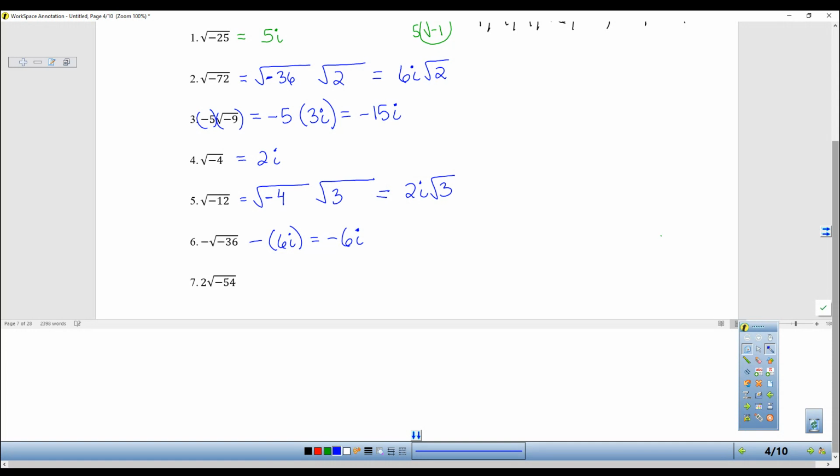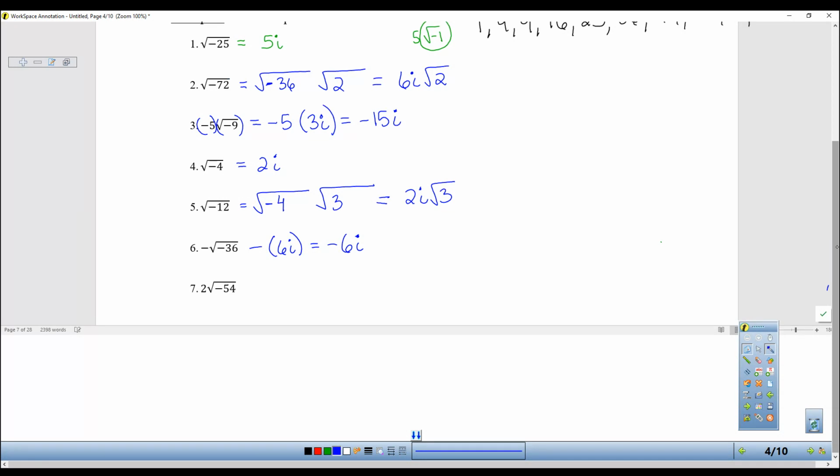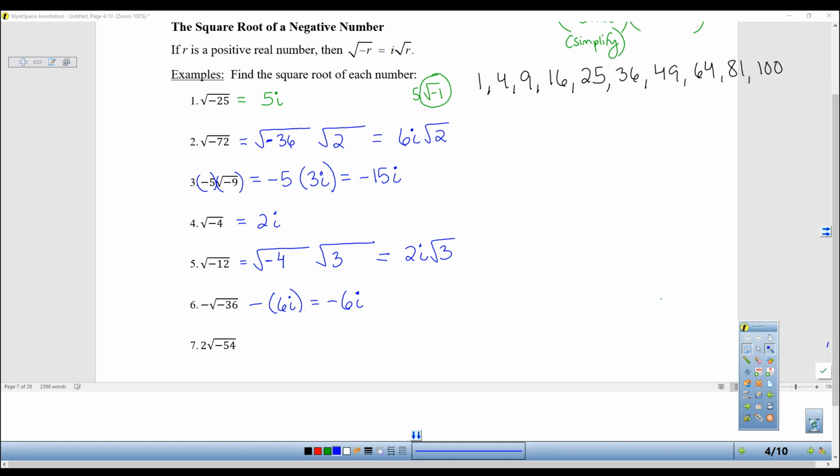So again, I have a big number that I'm not that familiar with, but fortunately, I only have to try numbers that are on the list. So does 4 go into 54? No. Does 9 go into 54? Yes. So 2 times the square root of the negative is in the part I can do, and 9 goes into 54 times 6.